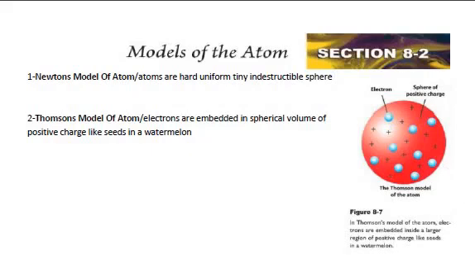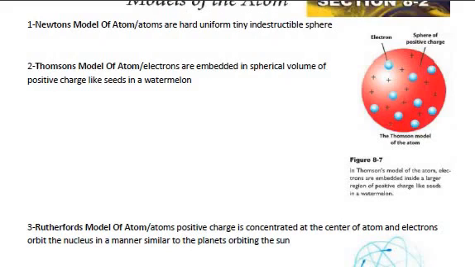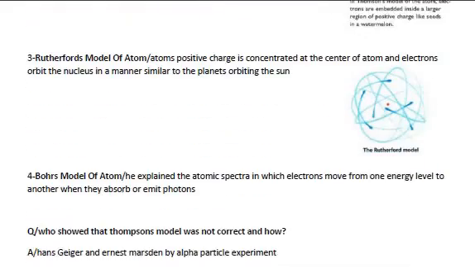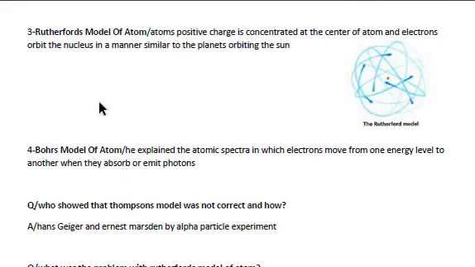After Thomson, Rutherford put a new model. Rutherford's model was closest to the true description of atom. According to Rutherford's model, atoms' positive charge is concentrated at the center of the atom.